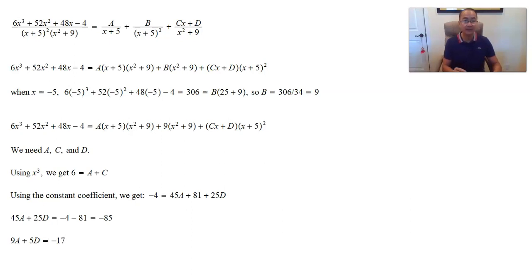Minus 17. Yeah, 17 times 5 is 85. Okay, so that's good. We have a plus c and we have 9a plus 5d. So we just need one more equation that has the 3 variables.